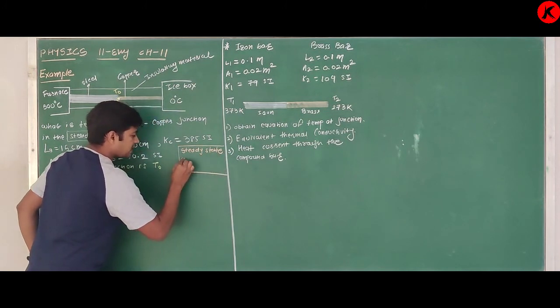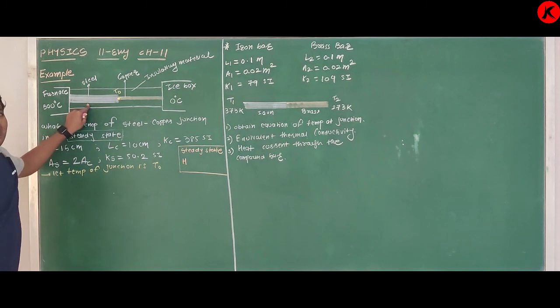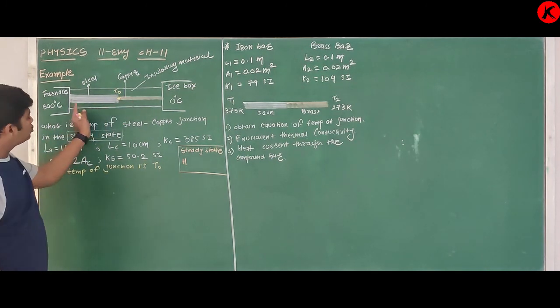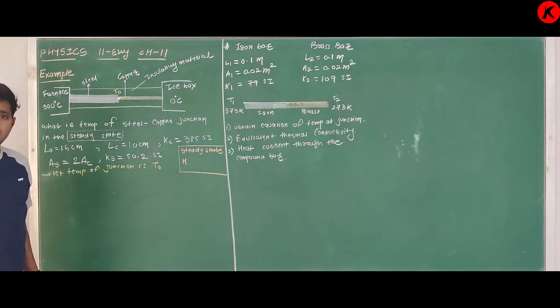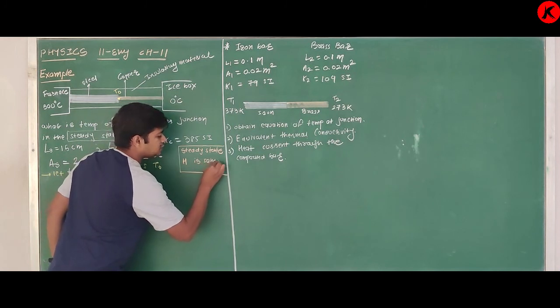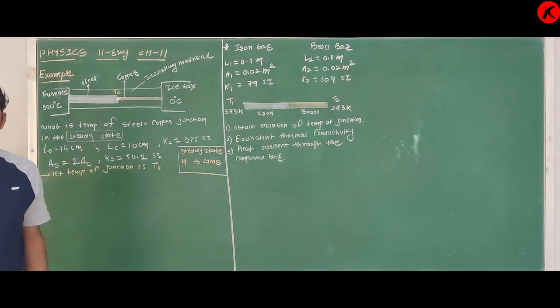It means H through this steel wire, H through this copper wire, H through this compound wire, remains the same. H means heat current. And what is the equation of heat current?